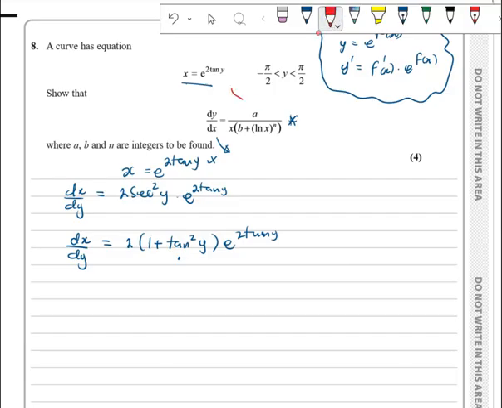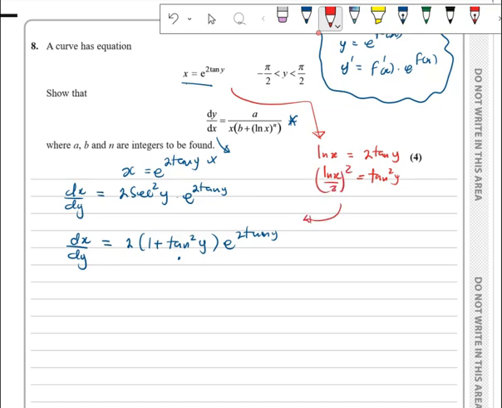So when you look at the equation here, we can take natural logs on both sides and say that natural log of x is equal to tan of y. Then we make tan of y the subject and then we square it. You see that tan squared is equal to natural log of x over 2, all of it squared.